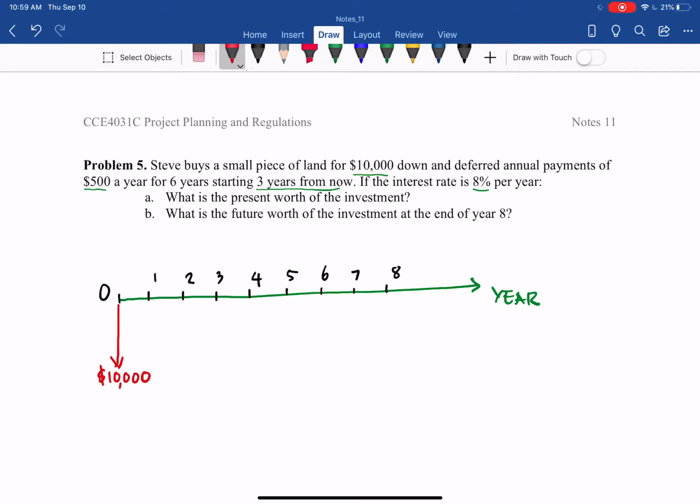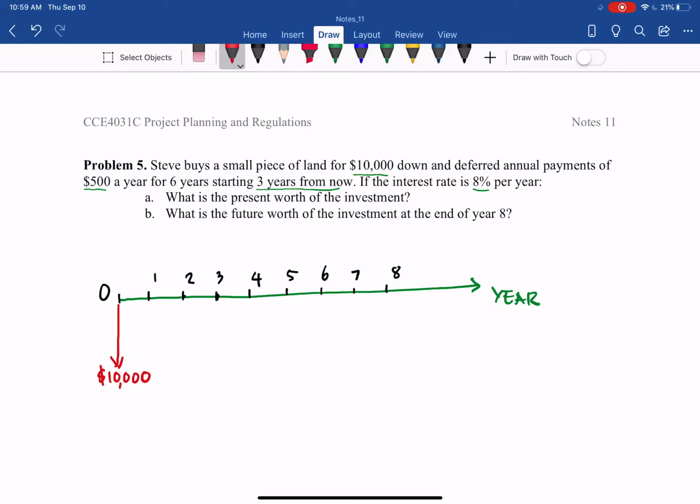Then he makes a deferred annual payment of $500 a year for 6 years, starting 3 years from now. So now is 0. 1 is going to be 1 year, 2 is 2 years, and 3 is 3 years from now, at year 3.